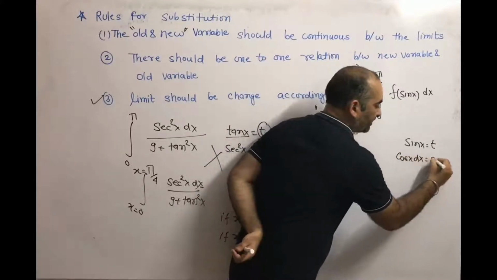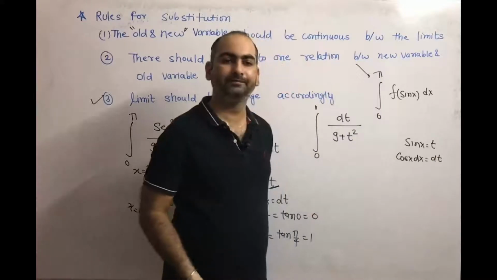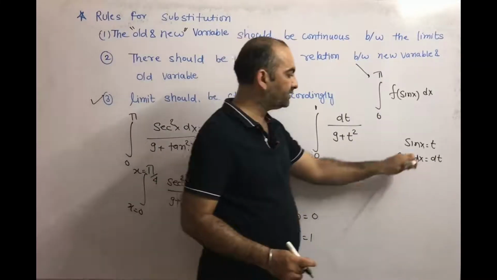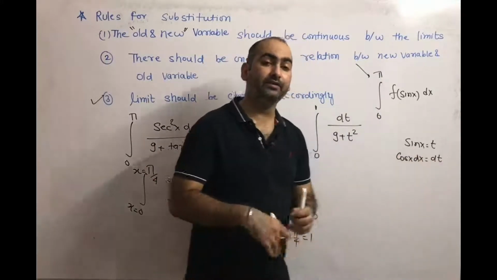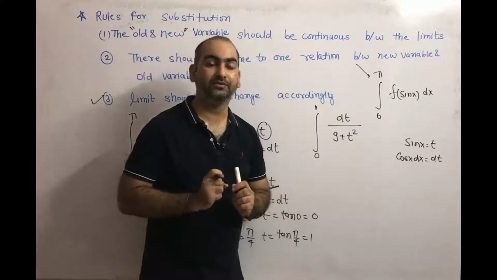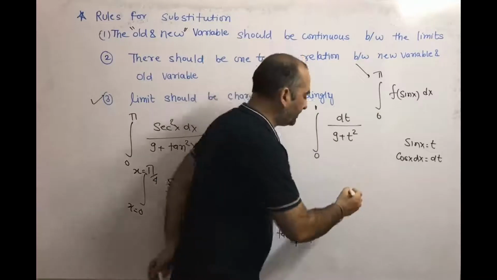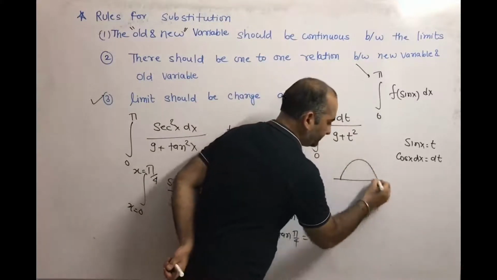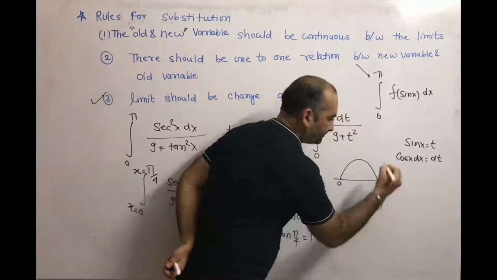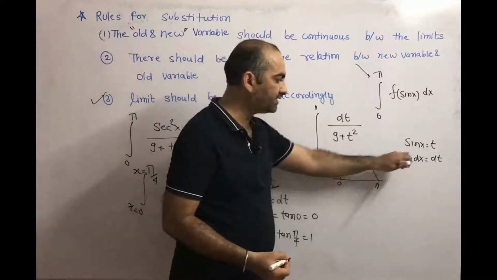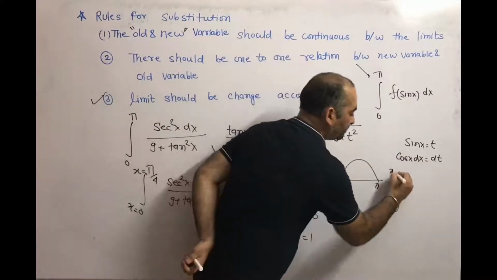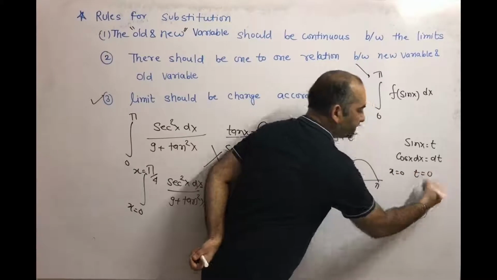Here, if I take sin x as t, then cos x dx equals dt. Here sin x equal to t is there, so we have to check whether a 1-1 relation is there or not. For 0 to pi, the graph is like this. If I put x equal to 0, then t equals 0.